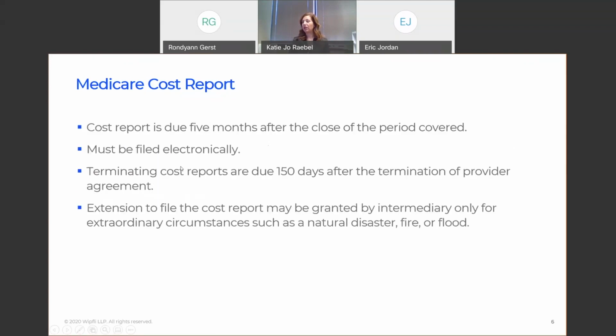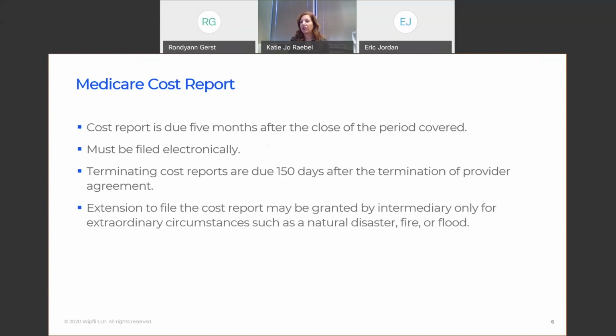The cost report is due 5 months after the close of the year end. Of course, we have extensions now due to COVID. Typically, they're never extended. So only during pandemics or when a mail truck catches on fire, and that's a real thing that I've experienced, are you able to get an extension for a cost report. We have to file electronically.